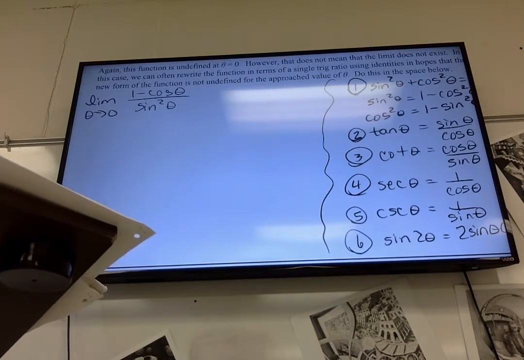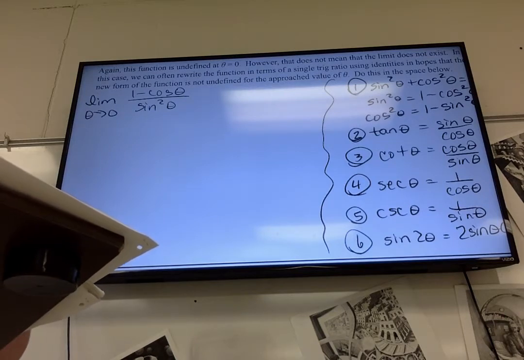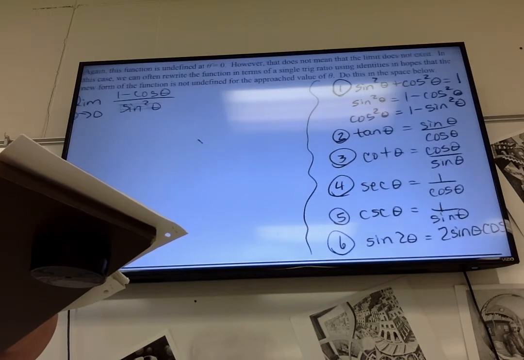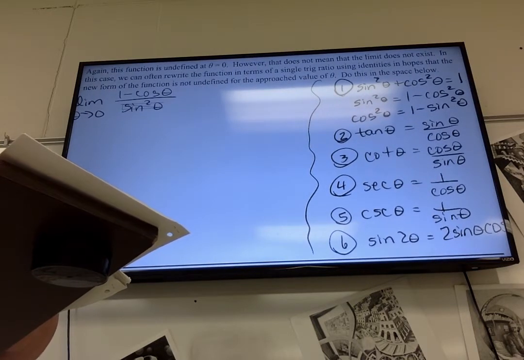So, we can rewrite sine squared of theta pretty easily using this stuff. What can I plug in instead of sine squared of theta? 1 minus cosine squared of theta. Yes, right here. Sine squared of theta is equal to that.